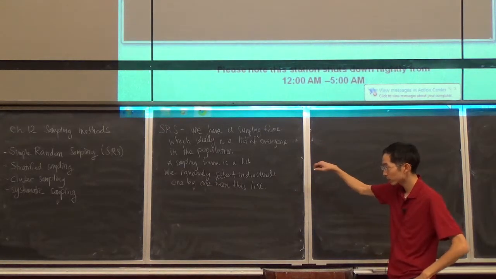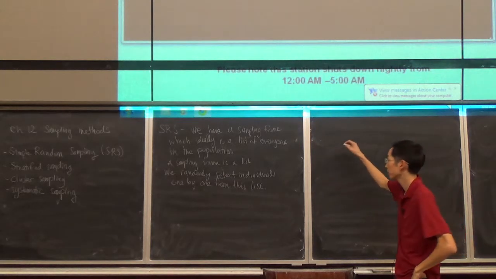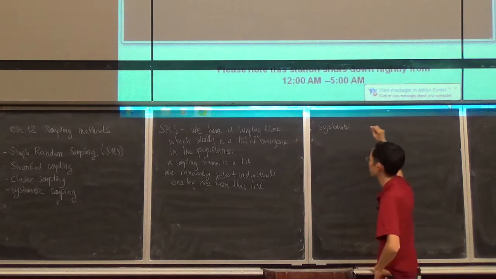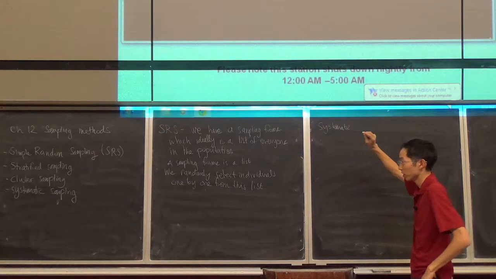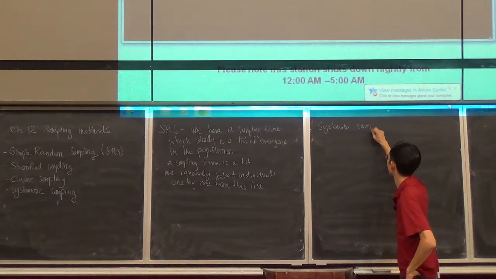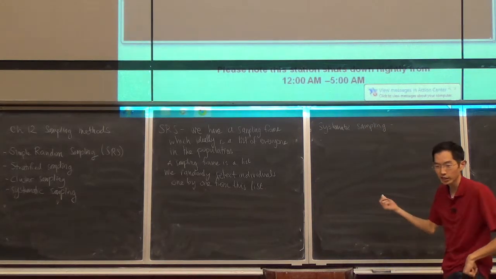I'm going to skip over to systematic sampling, which I think is the other easiest concept. And then we'll talk about stratified and cluster sampling right after this. Okay. So systematic sampling works best if there's a line or a queue.